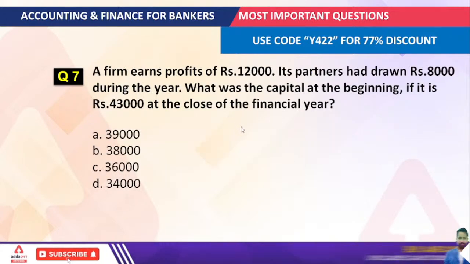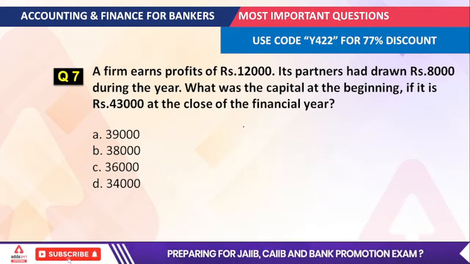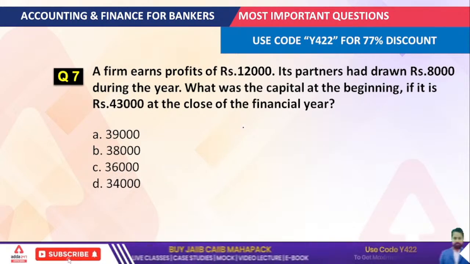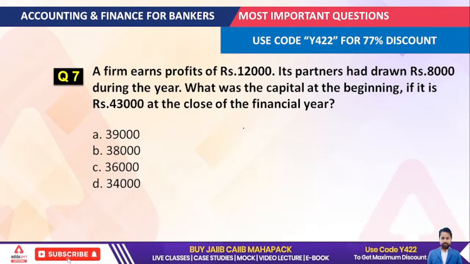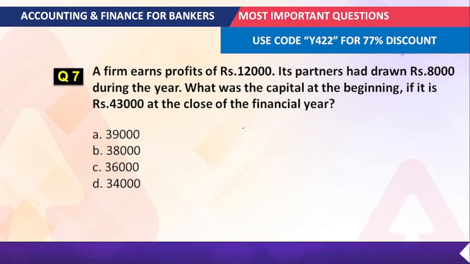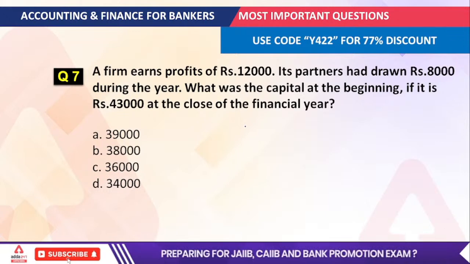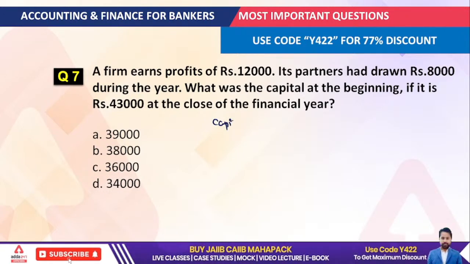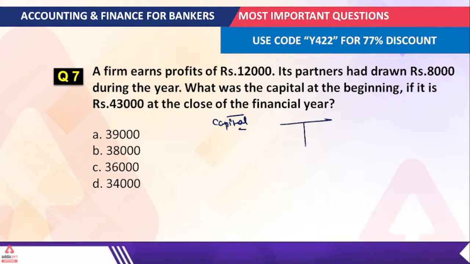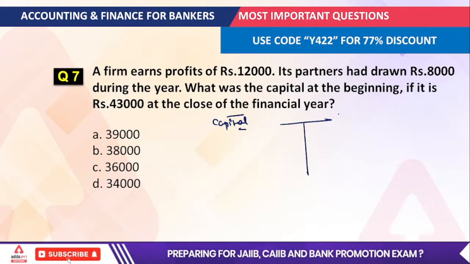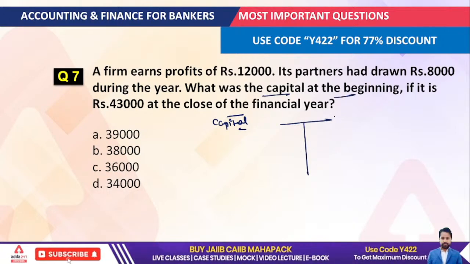Next question. A firm earns a profit of 12,000 and its partner had drawn 8,000 during the year. What was the capital at the beginning if it is 43,000 at the close of the financial year? Whenever you solve any question related to capital, start with the capital in the beginning, because in this question the capital at the beginning is not given, and you have to calculate it.